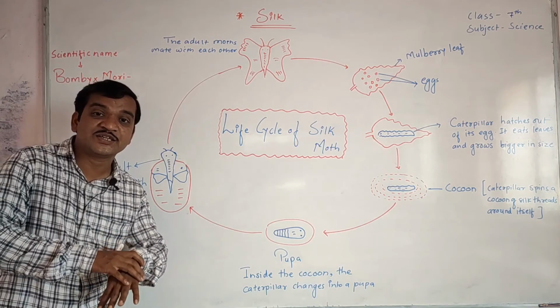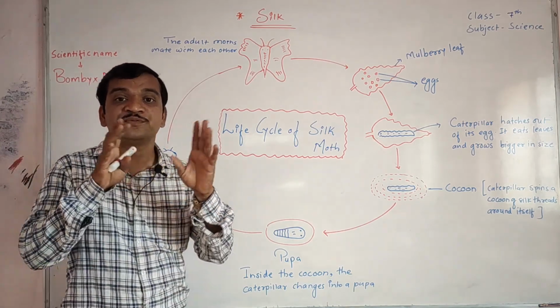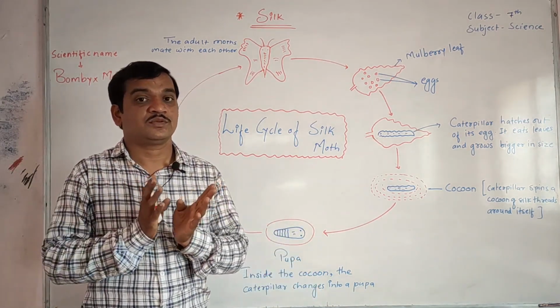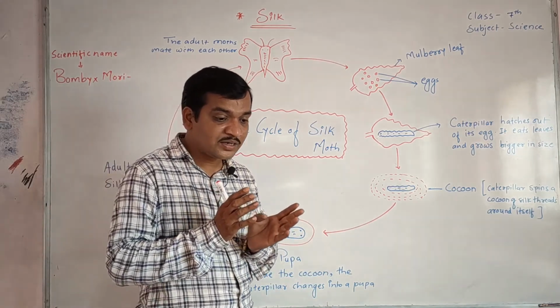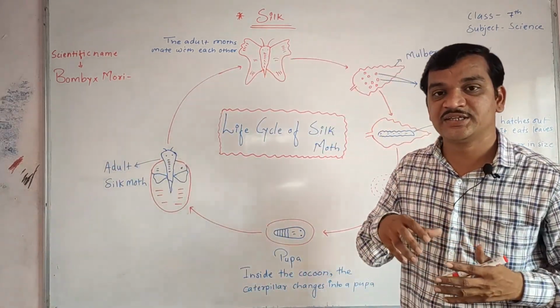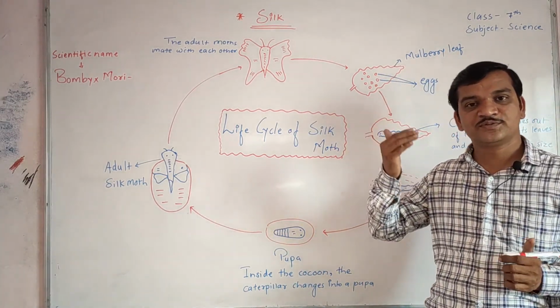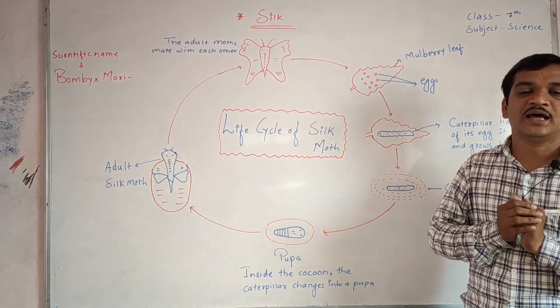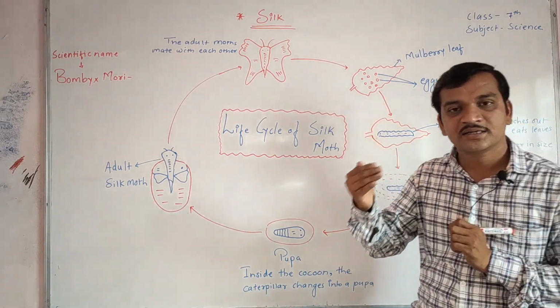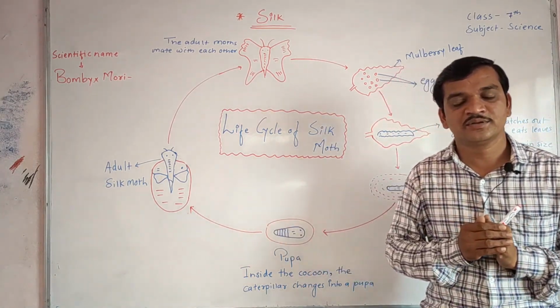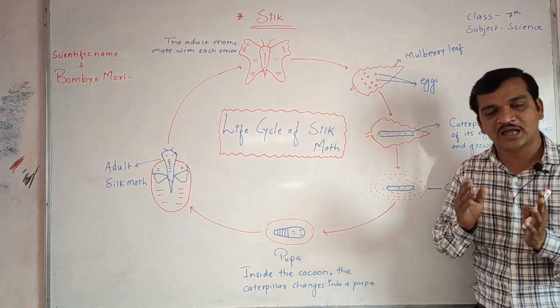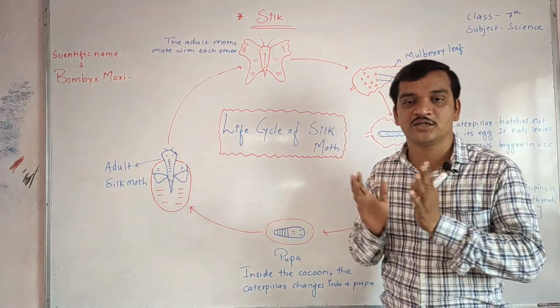All these stages are different from each other. After hatching, we cannot directly get the silk moth. First we get the larva, that larva turns into a caterpillar, and then the adult moth.